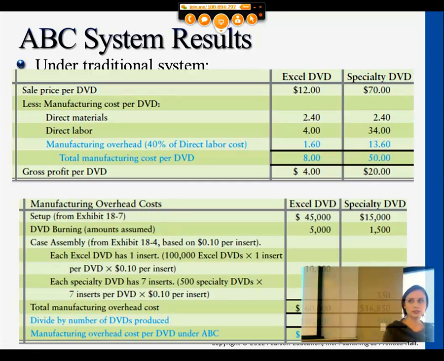Now what am I going to do? I'm going to divide all of it by the number of units produced. And what do I see? I see that my manufacturing overhead cost per DVD under the ABC system is only 60 cents. Yeah? But my cost for producing specialty DVD is what? $33.70. So let's try to do an example.